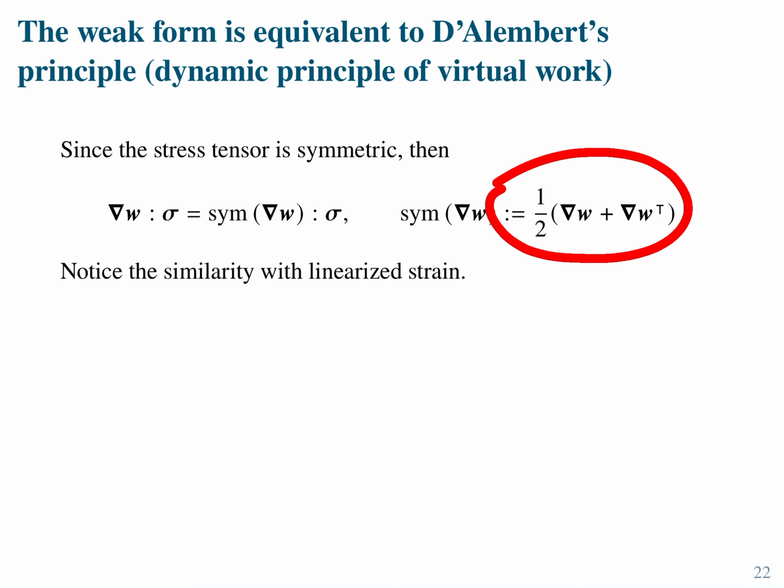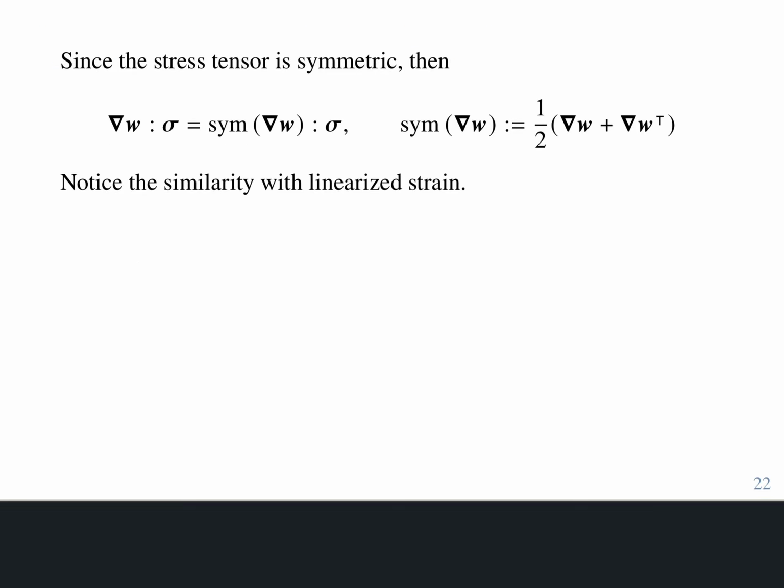And look how this looks like our linearized strain. It looks pretty much like the linearized strain, but of course it's not the actual strain because it's not a function of U, it's a function of W. So you can think of this as some sort of virtual strain.